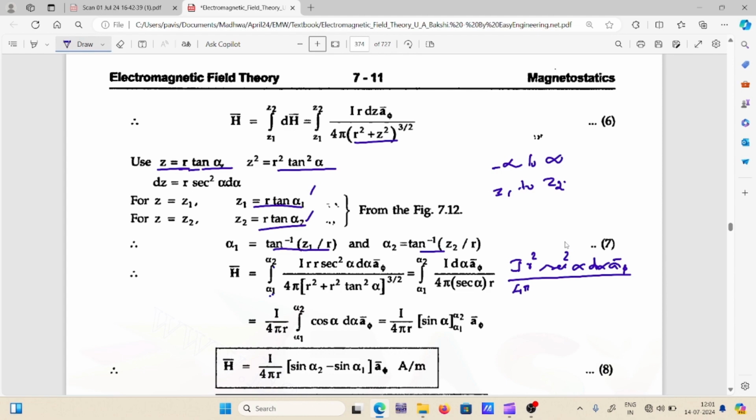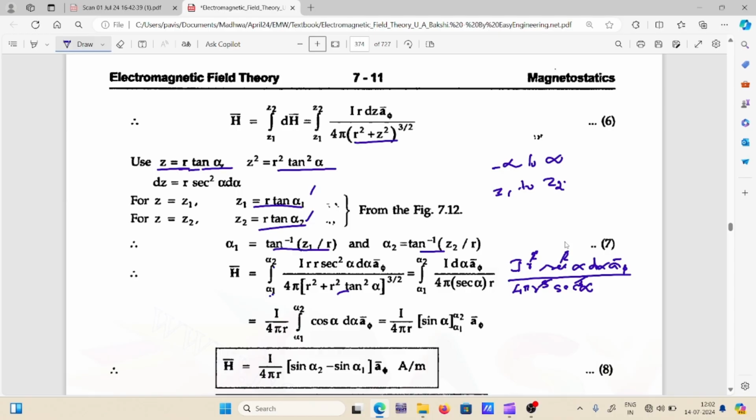When you take r squared out from the 3 by 2 power, it will be r cube. And 1 plus tan squared alpha, you will get when you take r squared out. 1 plus tan squared alpha is nothing but secant squared. And when you take it out from 3 by 2, it is secant cube alpha. So secant squared and secant cube get cancelled. r squared and r get cancelled.